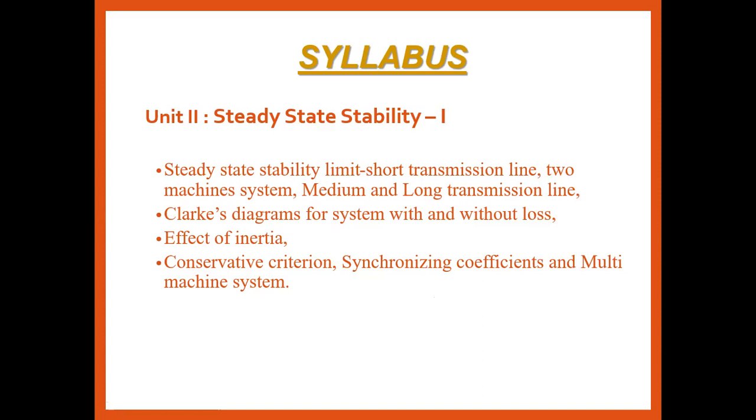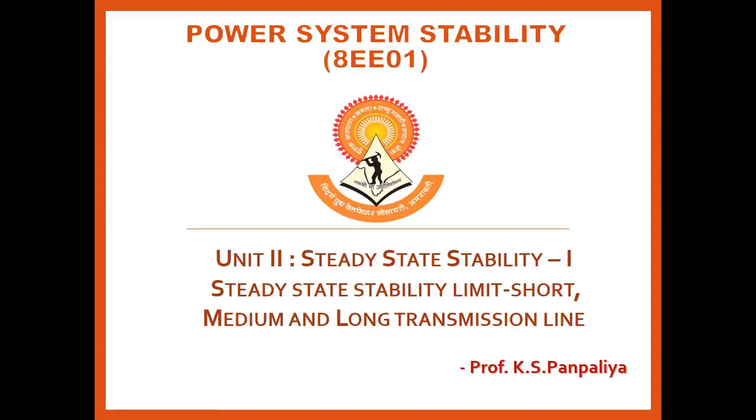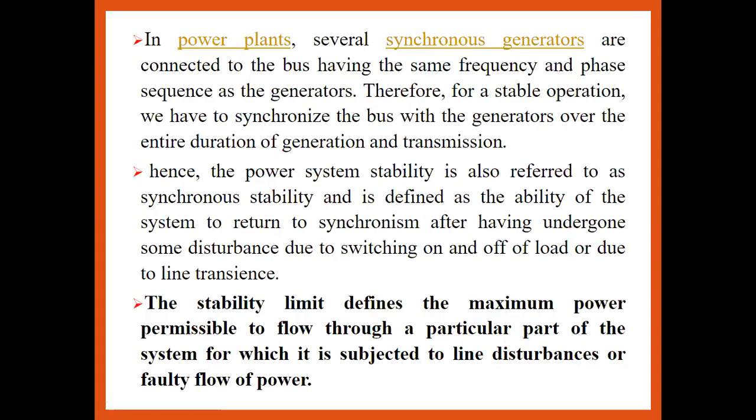long transmission line. With reference to any power plant, as we all know, several synchronous condensers or synchronous generators are generally connected to the common bus, which has the same frequency and the same phase sequence.